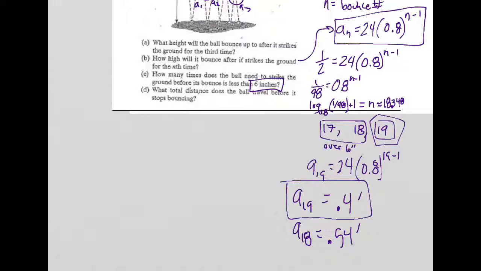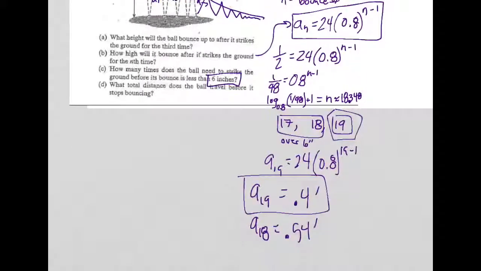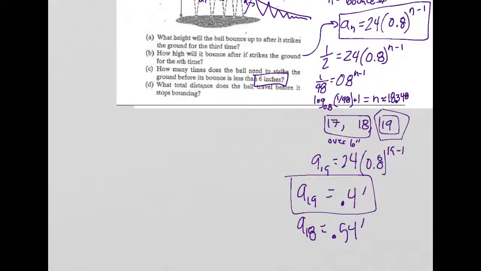So now, the last question here: what total distance does the ball travel before it stops bouncing? Well, that is actually dealing with an infinite sum. If you picture that ball going down like that, kind of curving down, that's our situation here, and you don't yet know how to do infinite sums, but we can kind of trick our calculators into answering this anyway.